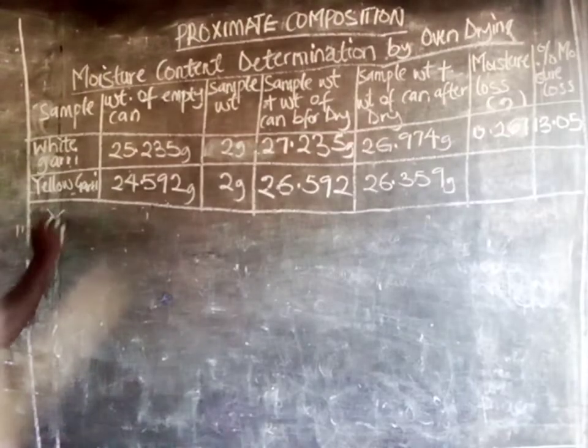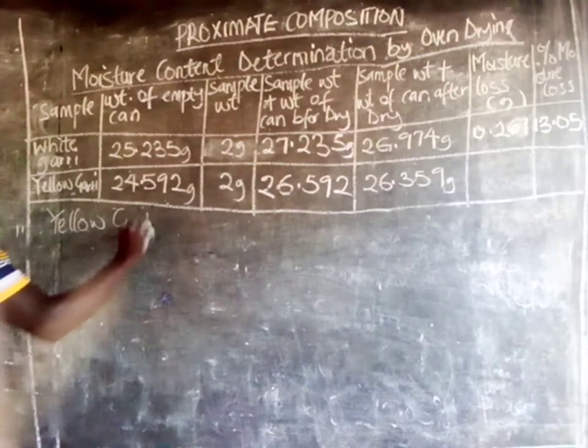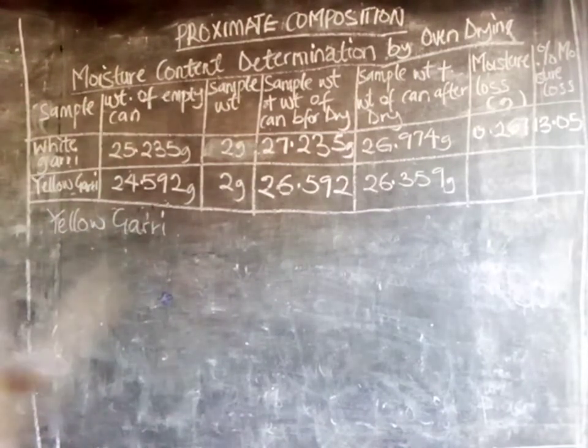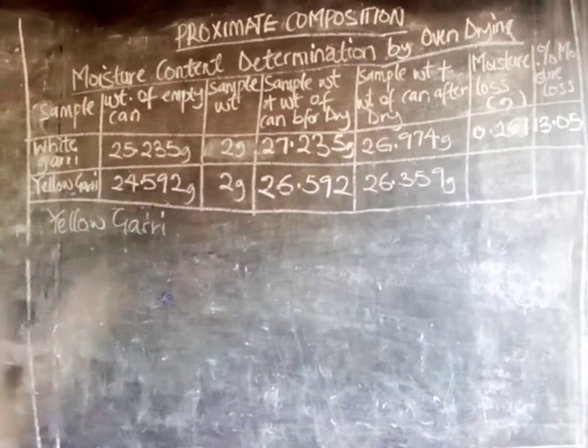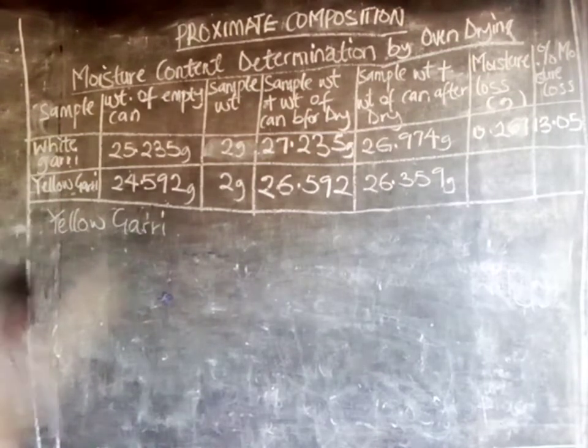Now we have yellow Gari, and to get the moisture loss for it is the same approach. The weight before dry and the weight after dry, both the sample and the can.